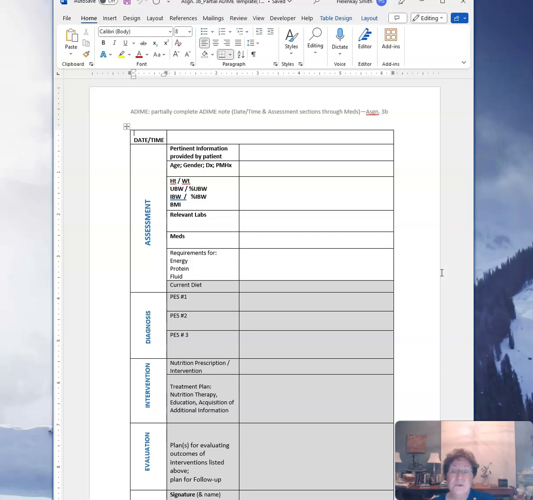We are continuing to build on those A-dime skills, and you'll again use the partial template as we see here, adding this week ideal body weight, percent of ideal body weight, and remember to base the ideal body weight on what is a healthy or realistic weight for Mr.